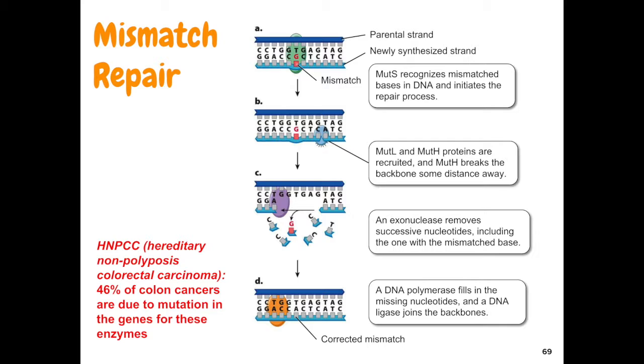Then DNA polymerase 1 is going to come in, attach to the DNA, and use that parental template strand as a way of filling in and replacing the missing nucleotides that were messed up. And then DNA ligase is going to come in and join the two strands together.